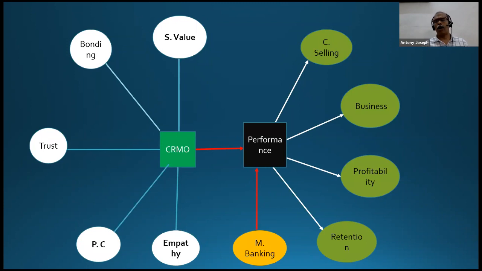Okay, so while having a model like this, I found that there is a problem with my model. When we speak about customer relationship management orientation, if a banker is actually following customer relationship marketing or customer relationship management, that means the banker is actually following class banking.